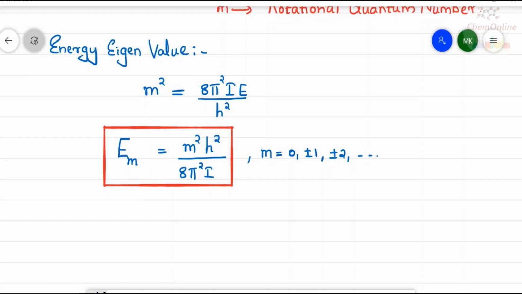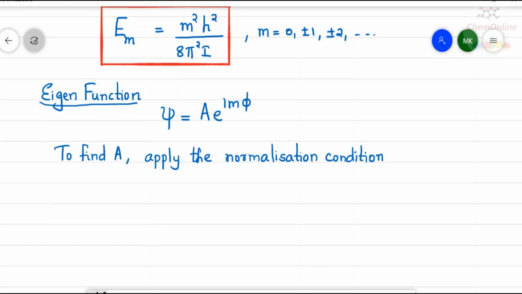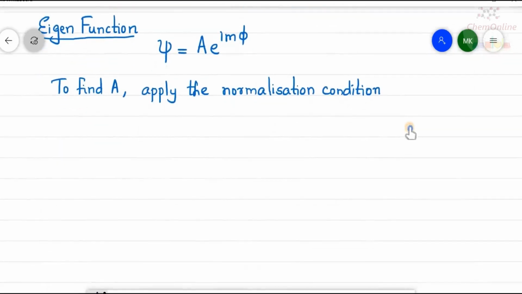Now we have to find out the complete eigenfunction. We already got xi equals a e raised to im phi. Here a is a constant. So we have to find out the value of this constant a. In order to find a, we apply the normalization condition.